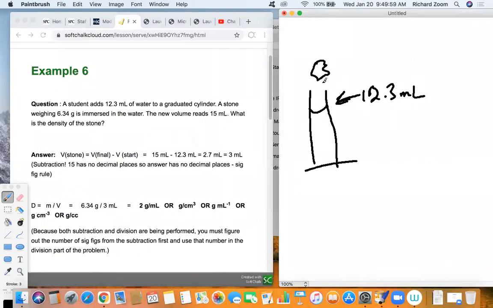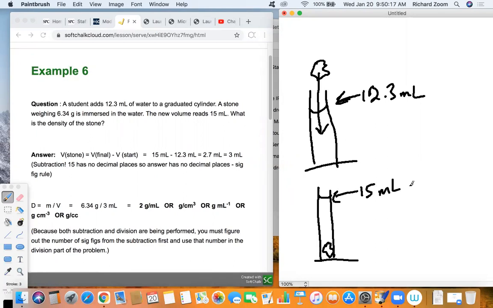And then we've got a stone, which is an irregularly shaped object, which is going to go into the graduated cylinder. And of course, what's going to happen is the water will be displaced and it will have a new volume.